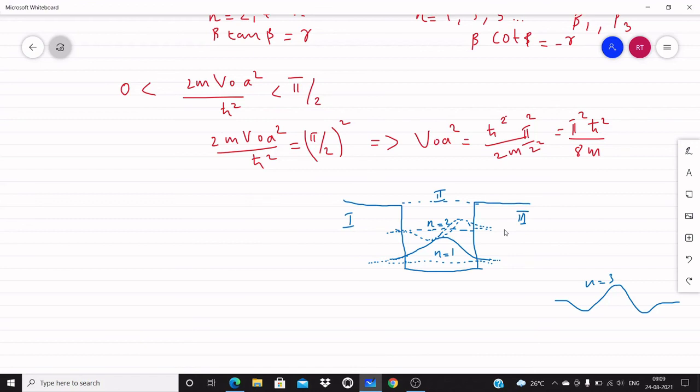So the case is not a bound state. The particle is not confined. So there is a chance for the particle to be found in all the regions, but that is not of significance because it is not a bound state. So that's all about the square well potential with finite walls.